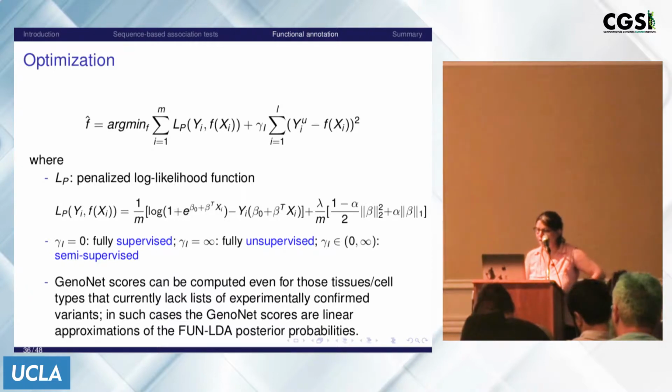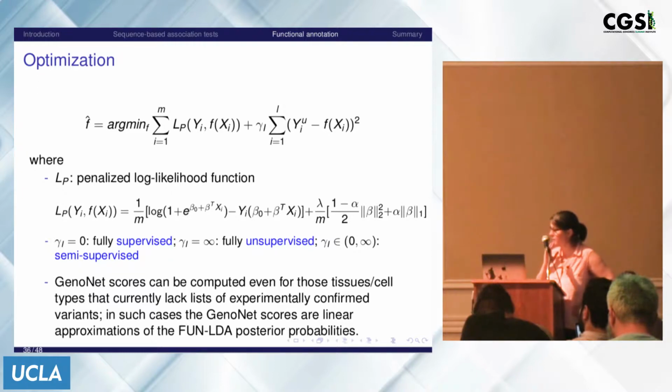Gamma L is a tuning parameter that controls how the unlabeled data is used. When gamma L is 0, we get the fully supervised approach. When gamma L is infinity, we get the fully unsupervised approach. And with gamma L in between, we get the semi-supervised approach.